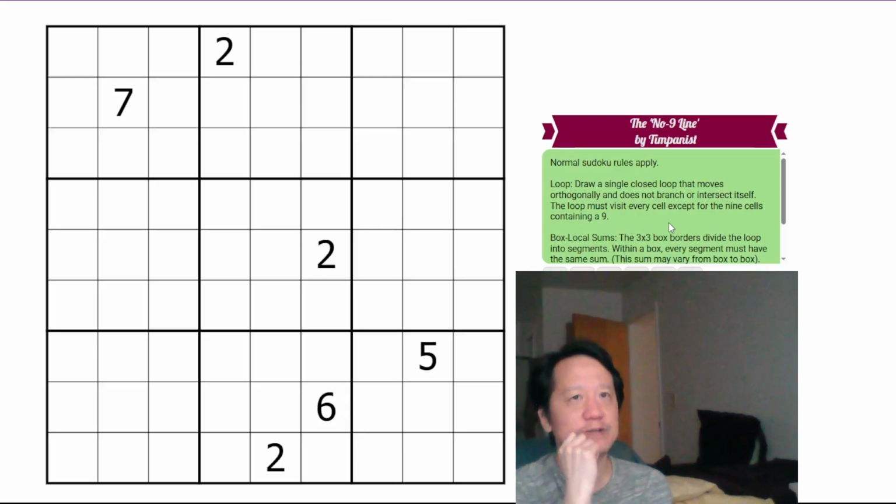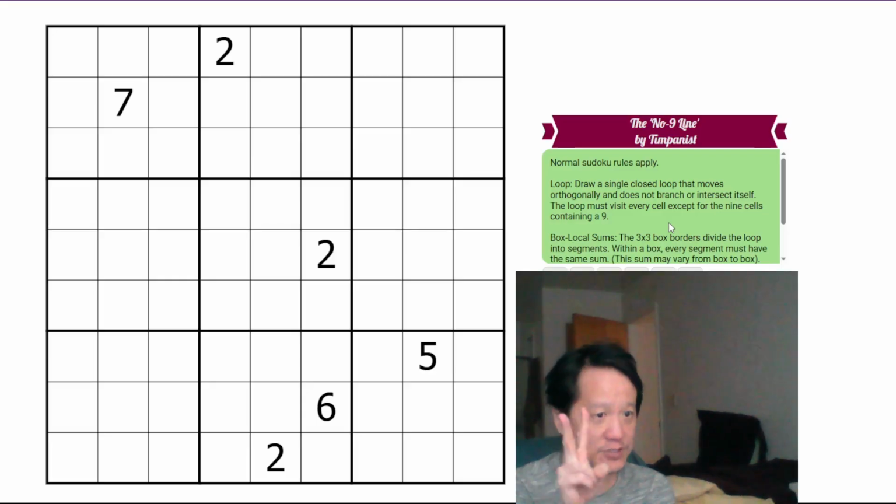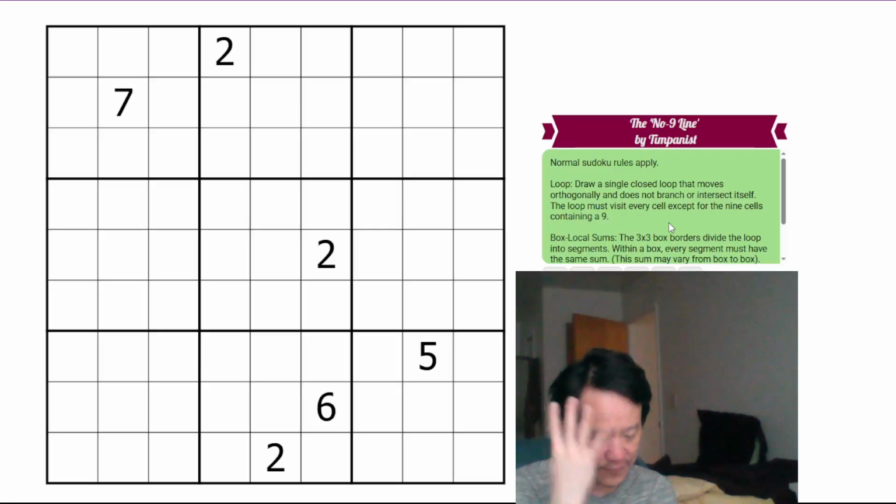How many segments do we have for each box, potentially? You have to have at least 2. So 36 divided by 2 would mean it sums up to 18. You could divide it into 3, that's sums of 12. You could divide by 4, that's sums of 9.